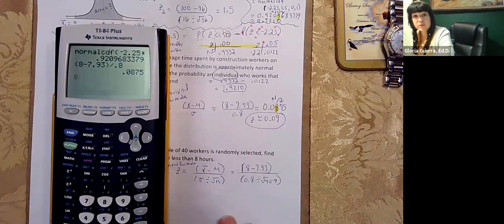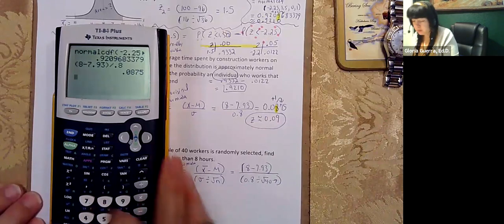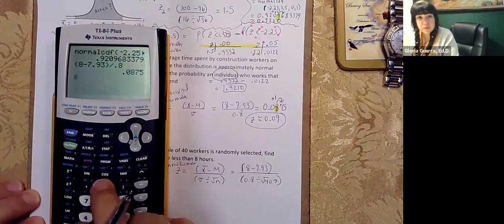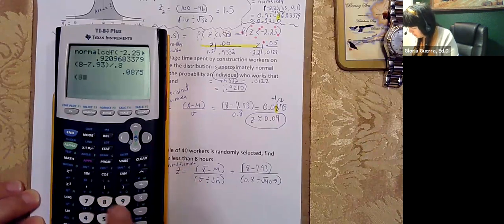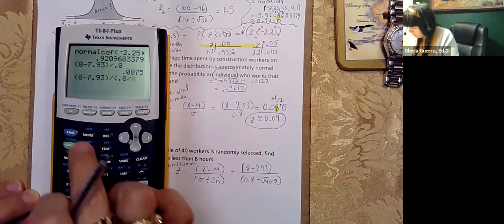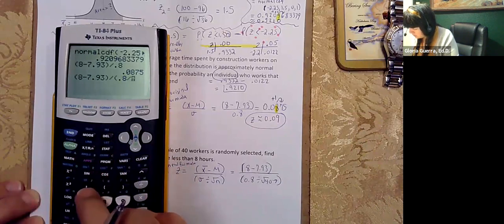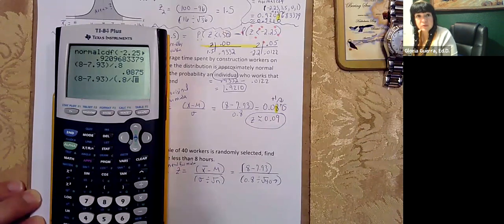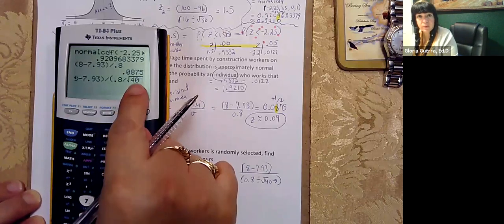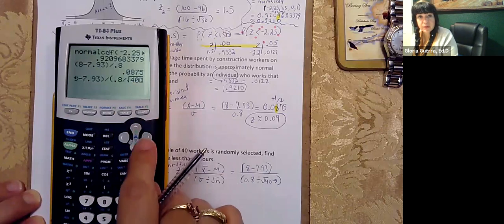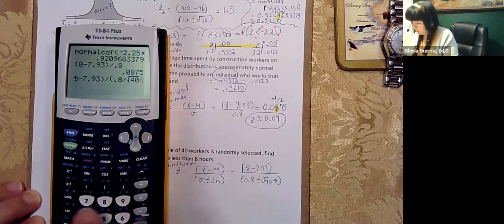Yes, okay. Whereas on the bottom, this one down here is parentheses 8 minus 7.93 close parentheses divided by open parentheses 0.8 divided by the square root, right? So square root of 40. Here you have to remember to push this little arrow out like that and then hit the parentheses and then hit enter.